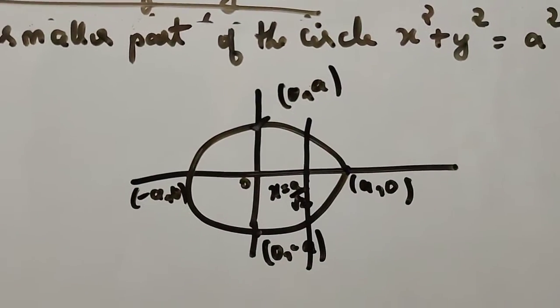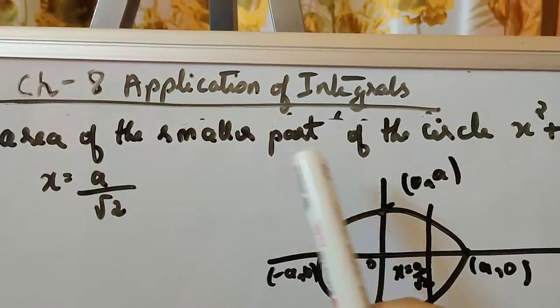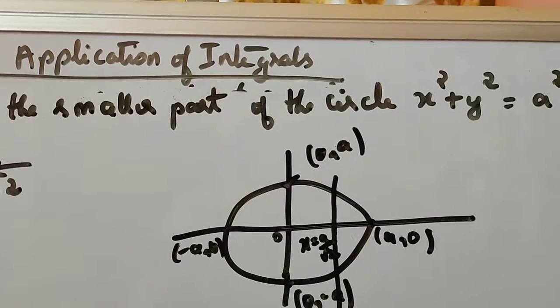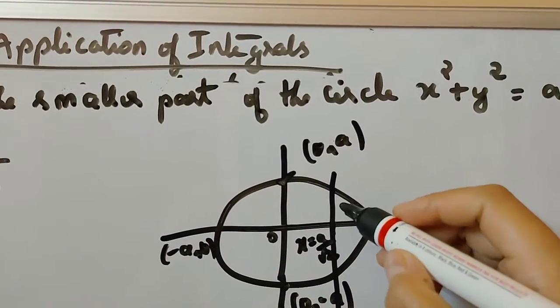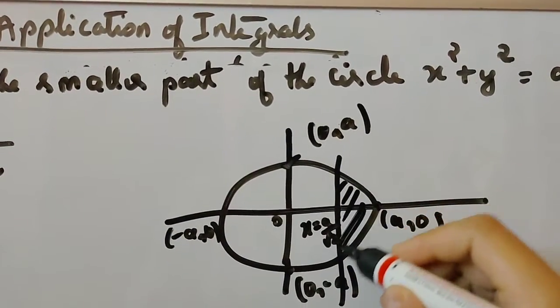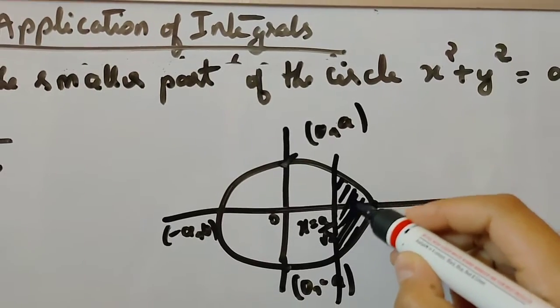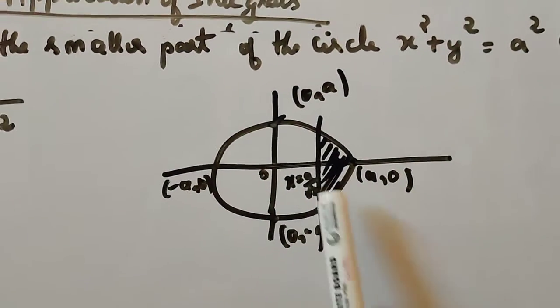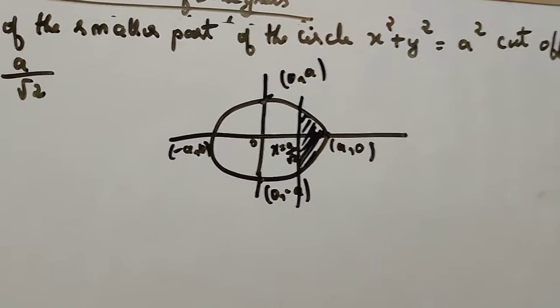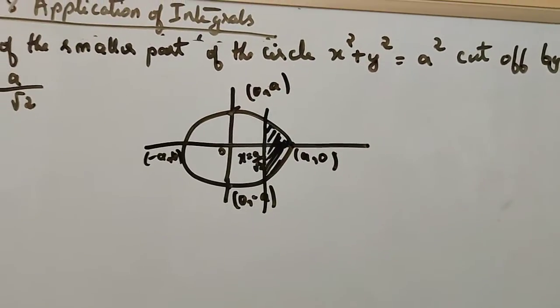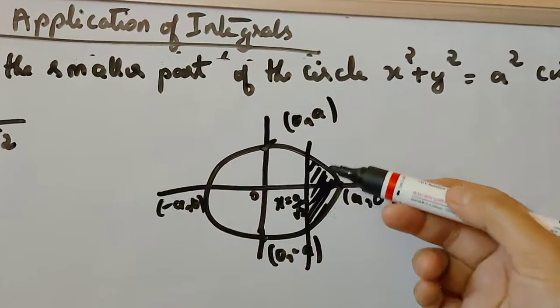Now, area of the smaller part of the circle cut by the line. Smaller part means this portion, this area. We have to find the smaller area cut by the line x equal to a by root 2. Now why am I considering the whole circle here?